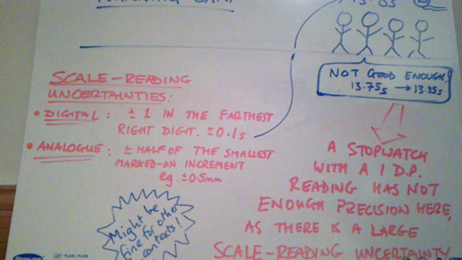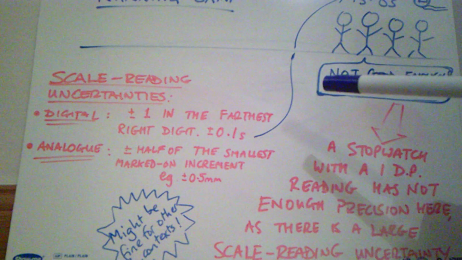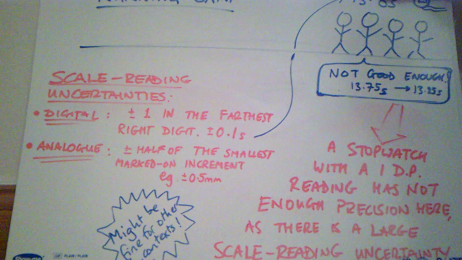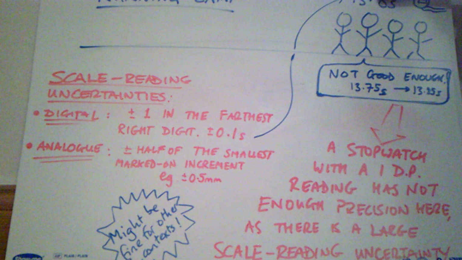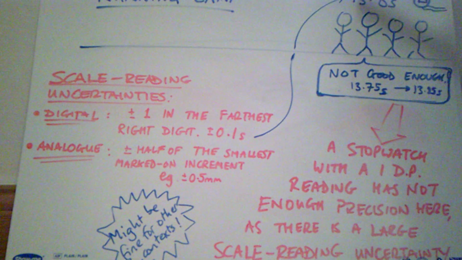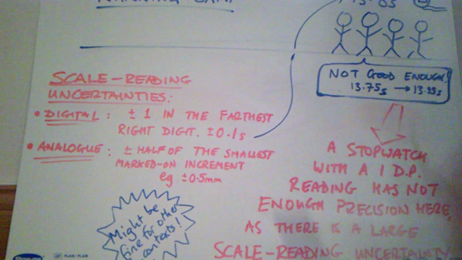That's a very clunky expression, but if we take this 13.8, the farthest right digit is this 8, so the scale reading uncertainty is plus or minus 1 of this farthest right figure. So it's plus or minus 0.1 seconds. It's always 1.